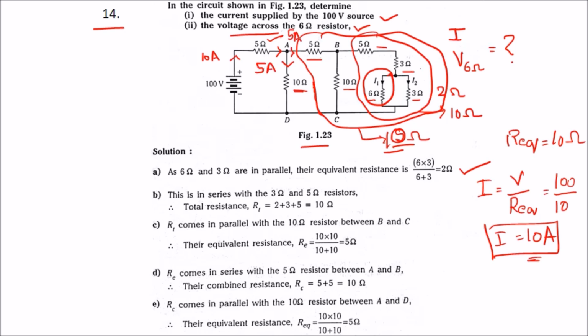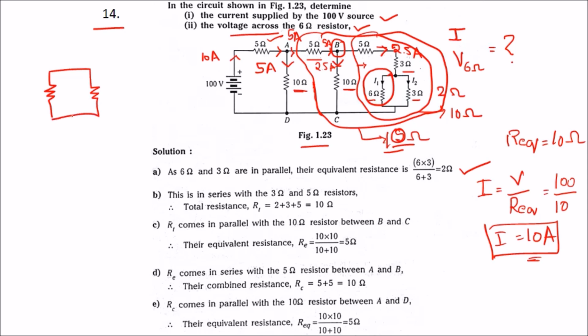Again the current at point B will divide. This part is 10 ohms and this resistance is 10 ohms, so again the current will divide equally. Here it is 5 amps, so it will be 2.5 amps and 2.5 amps. Now consider this parallel resistance, the 6 ohm and the 3 ohm.